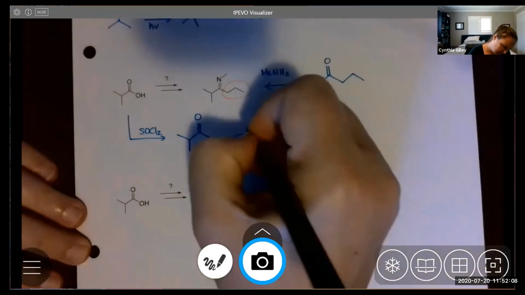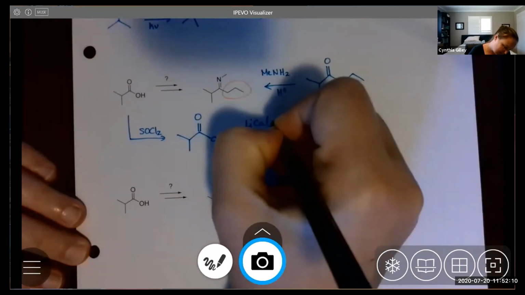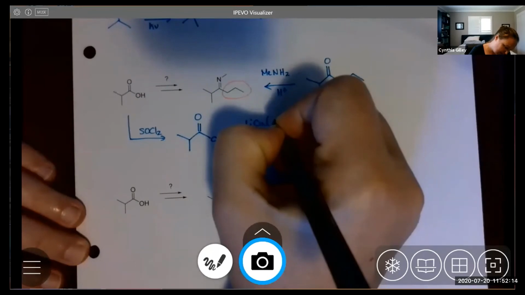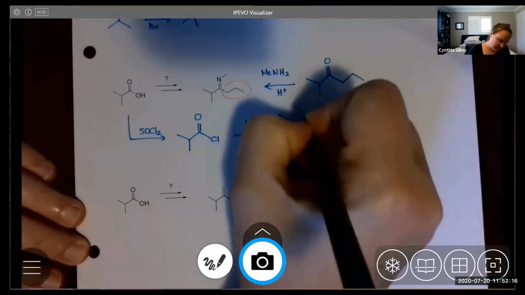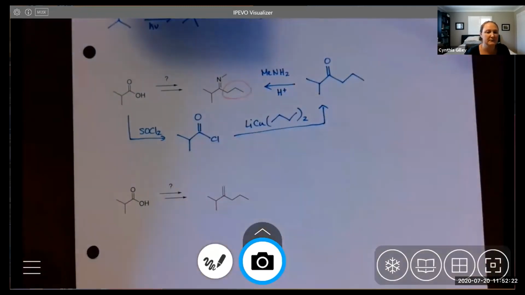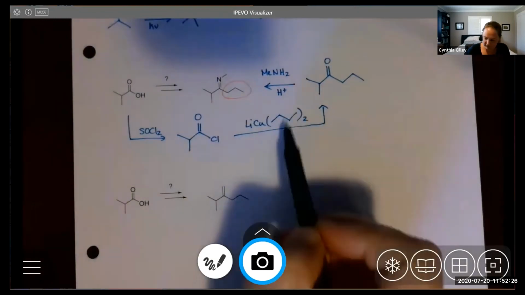It's a little bit more complicated to draw the Gilman reagent, because there are two of the alkyl group, even though only one gets incorporated. And the way it's drawn is a little bit weird too.